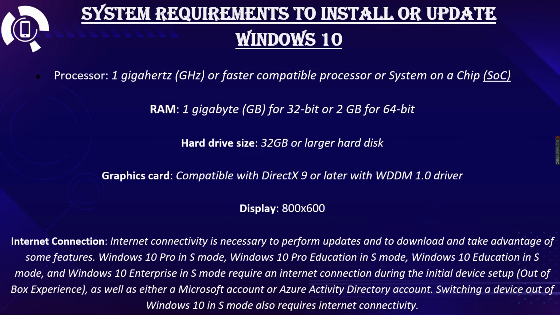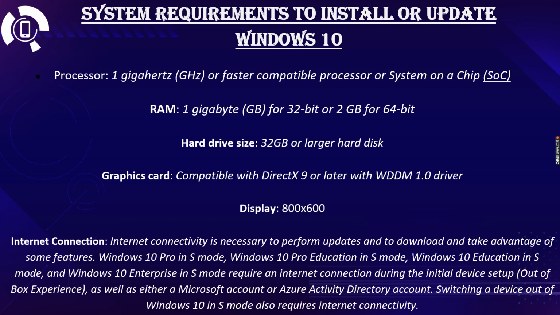System requirements to install or update Windows 10. Processor: 1 GHz or faster compatible processor or System on a Chip (SoC). RAM: 1 GB for 32-bit or 2 GB for 64-bit. Hard drive size: 32 GB or larger hard disk.